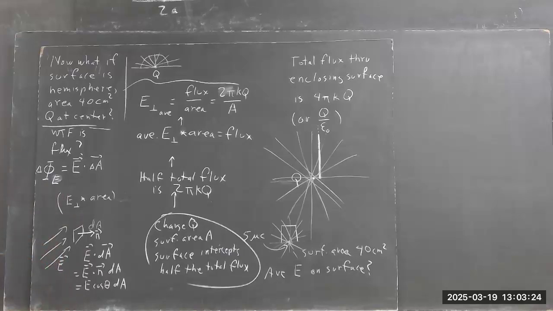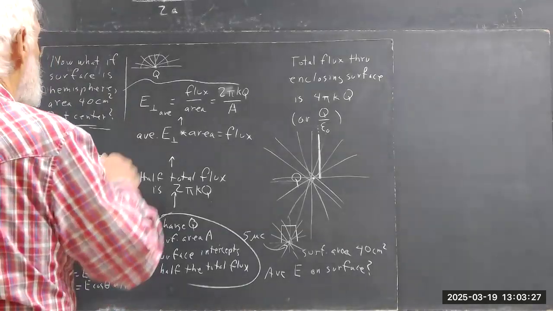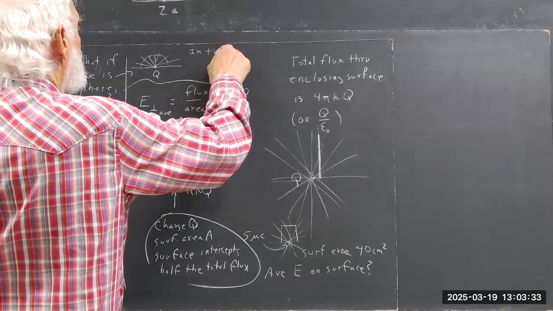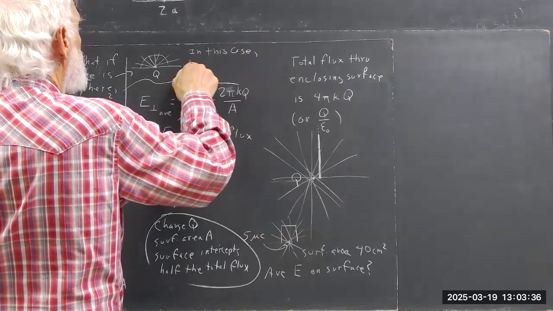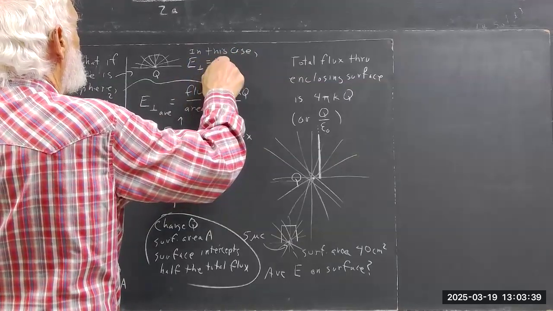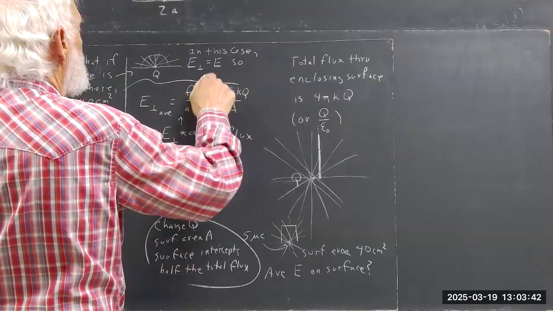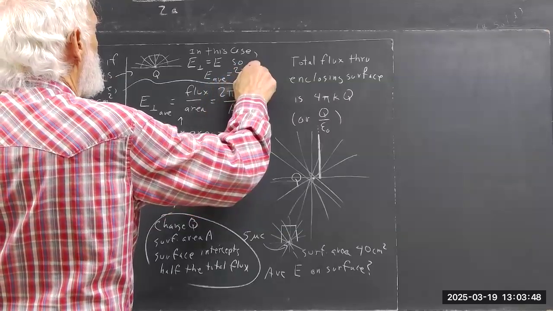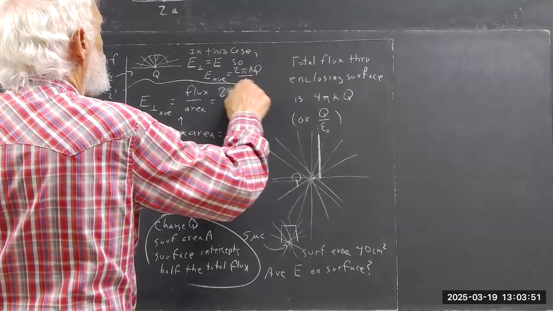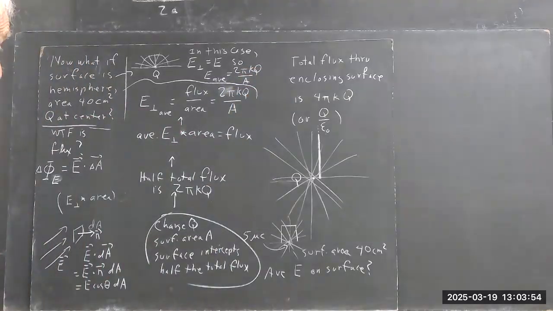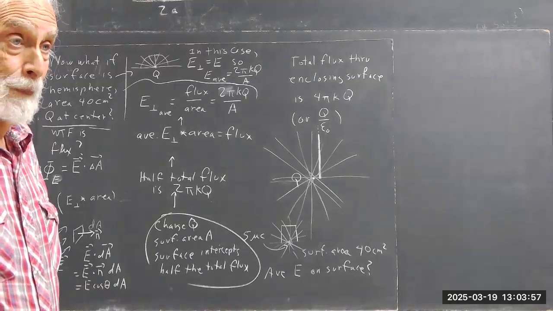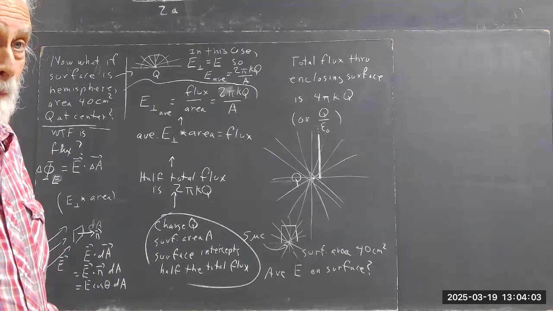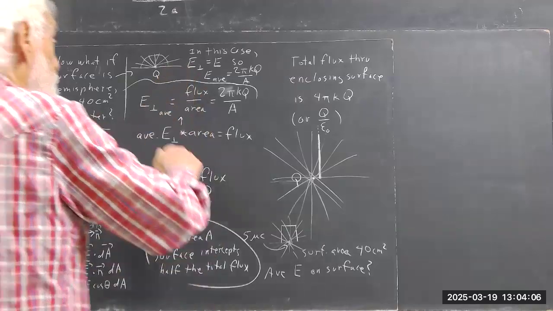Okay, so your average electric field is 2 pi kQ over A, not just the average perpendicular electric field, because the electric field is perpendicular. And also by symmetry, it's uniform.